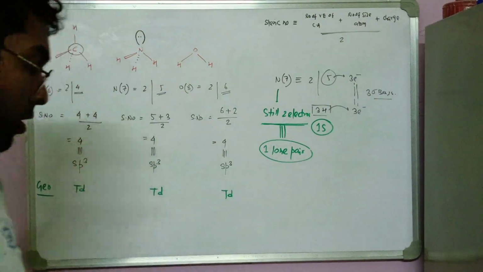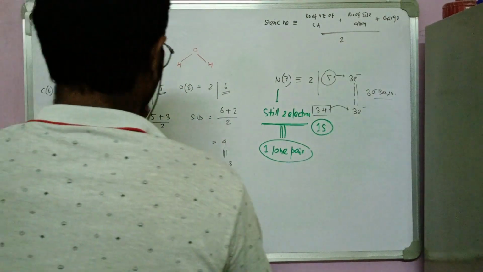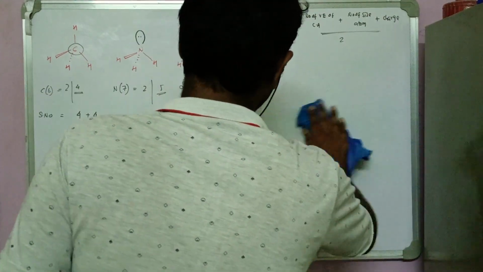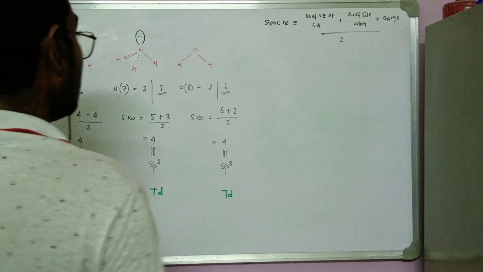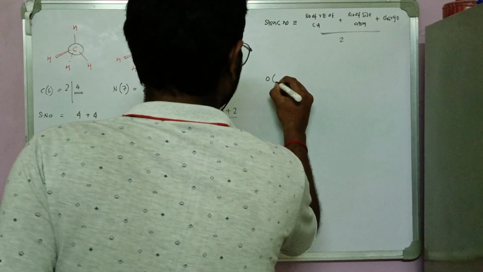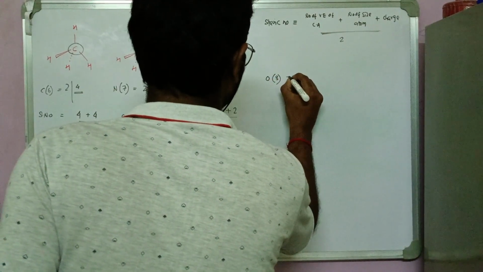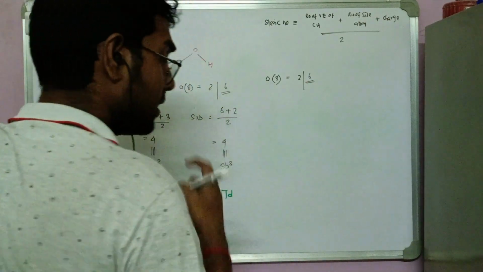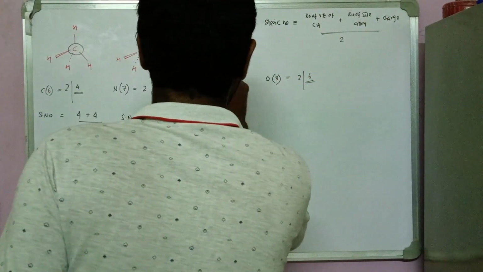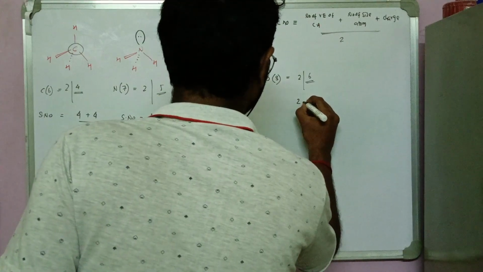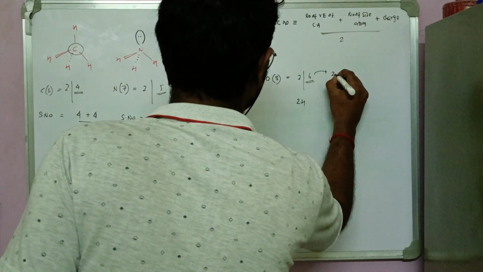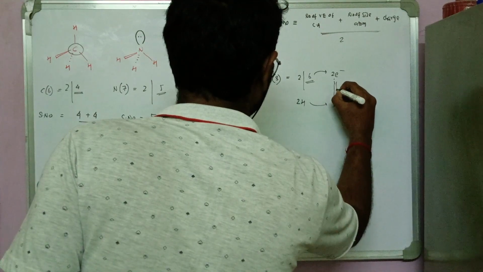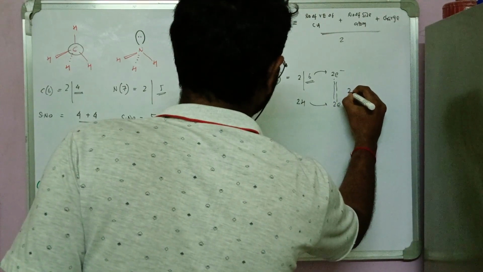Similarly, for the water molecule, you can work out the number of lone pairs on the oxygen atom. If I talk about the electronic configuration, the atomic number of oxygen is 8, so the valence electrons will be 2, 6. Of these 6 electrons, there are only 2 hydrogens, so only 2 electrons form covalent bonds, or 2 sigma bonds, with the 2 hydrogen atoms.